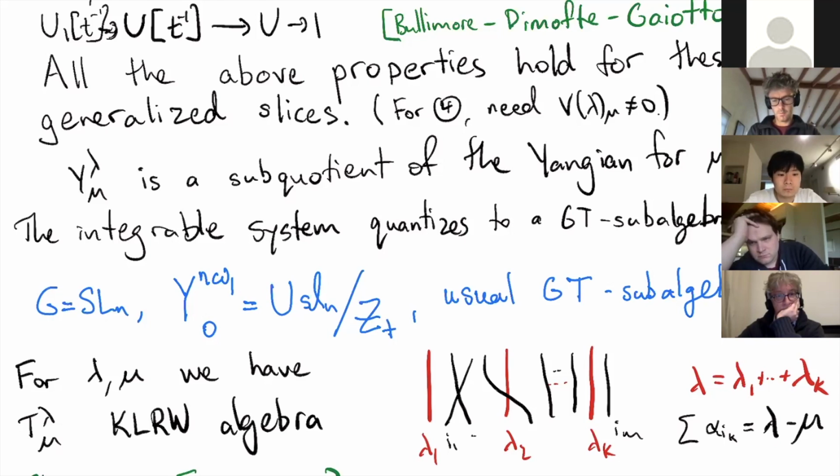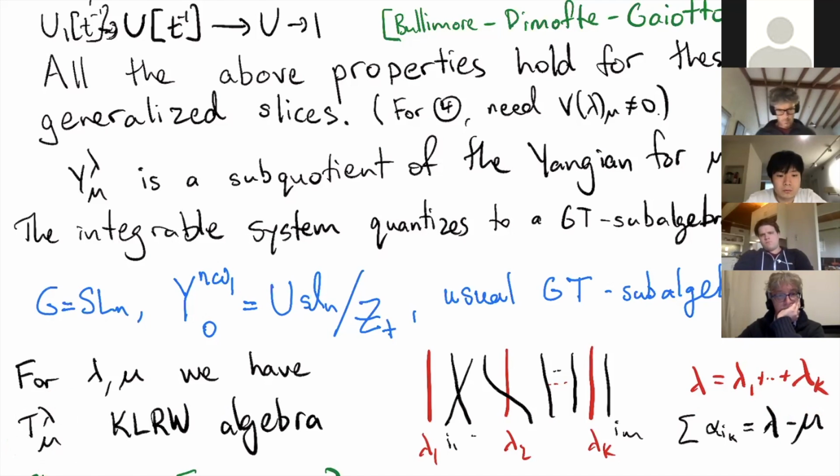Okay, so the input to defining this KLRW algebra, T lambda mu, is the following. We have to choose a decomposition of lambda into a bunch of dominant, well, co-weights, but now we can think of them as dominant weights for the Langlands dual group. And for my purposes, we can just take these lambdas to be fundamentals. So we can always decompose lambda as a sum of fundamentals.